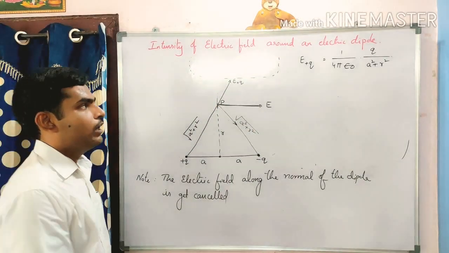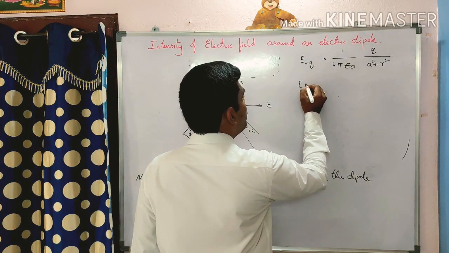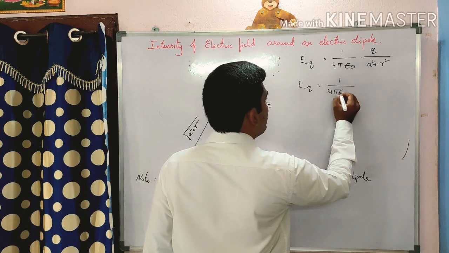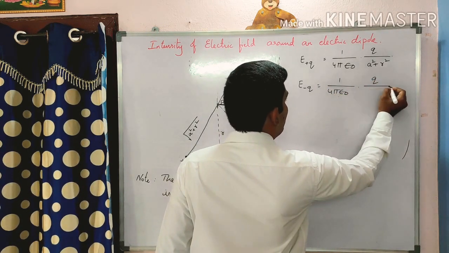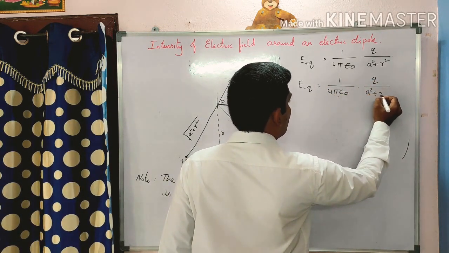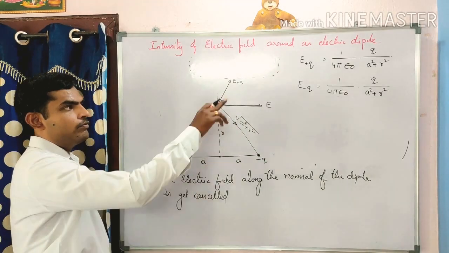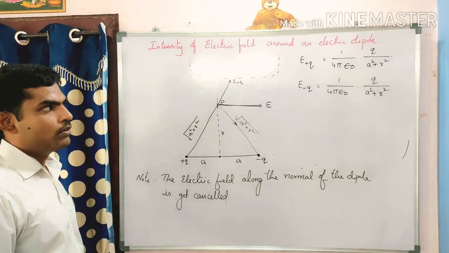Now the electric field due to negative charge minus Q is 1 by 4 pi epsilon naught Q by A square plus R square, at the same distance.